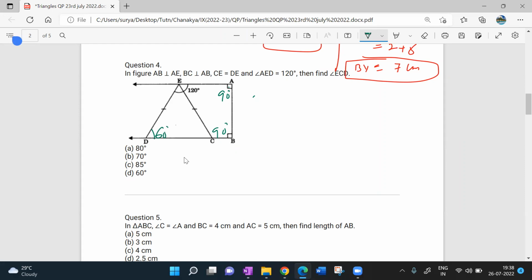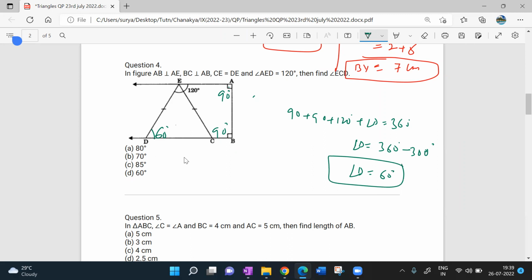So angle D is equal to 60 degrees. C will also be 60 because equal sides have equal opposite angles.